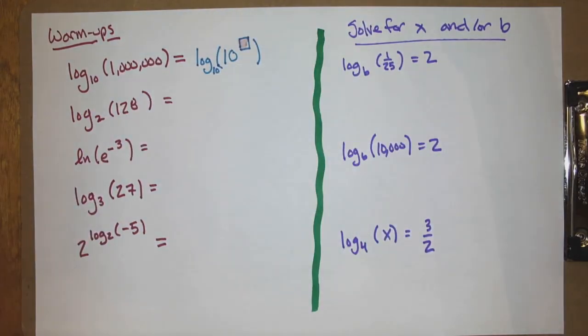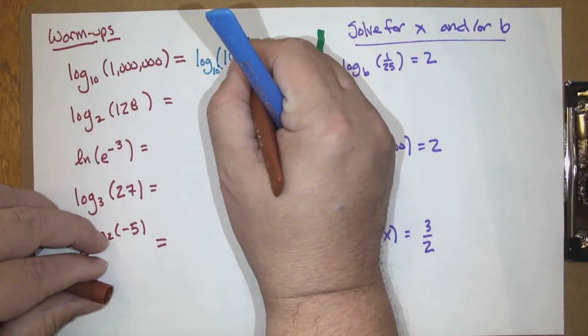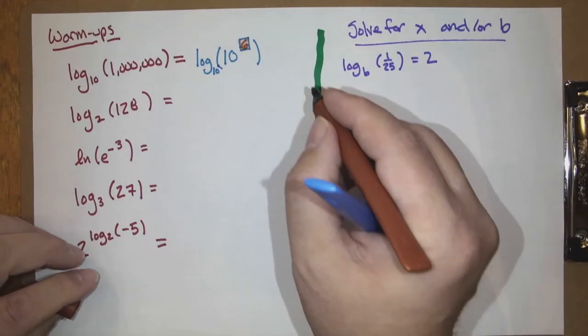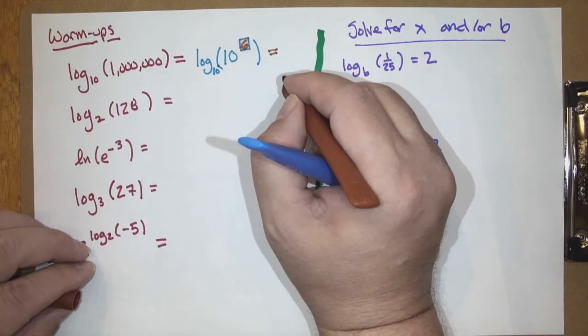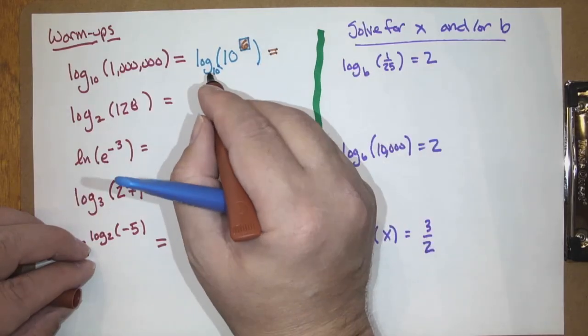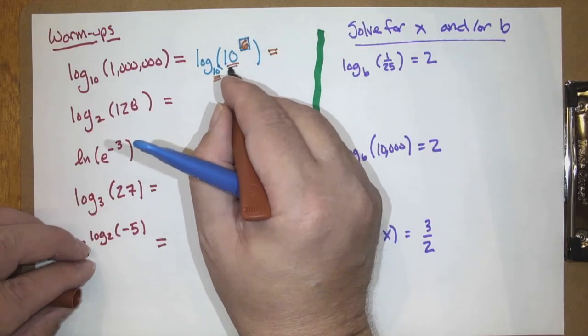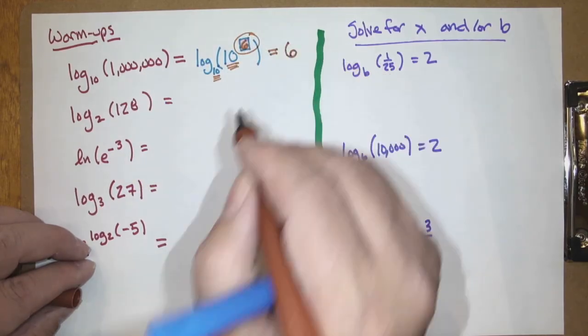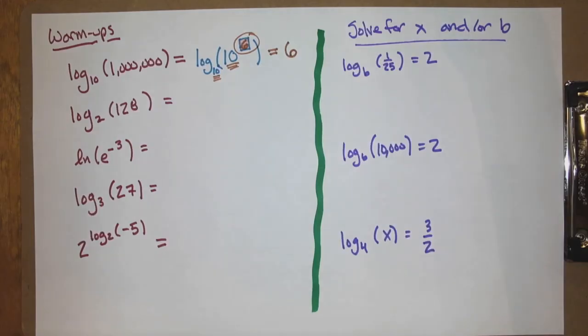How many times do you have to multiply 10 together to get 1,000,000? 6 times. So 1,000,000 is 10 to the power 6. Okay, so what is log base 10 of 10 to the 6? What's the rule tell us about logs? Since this matches that, then it's what's left, it's what's in the exponent, so it's 6.